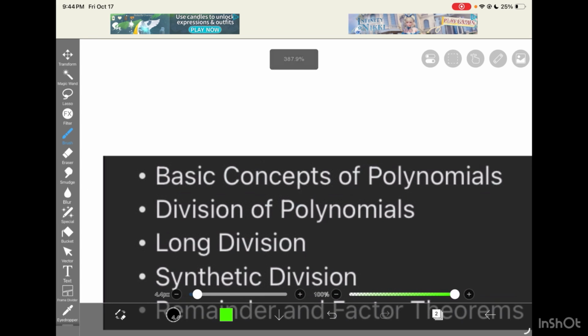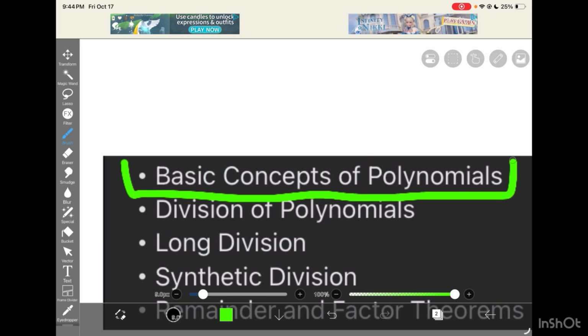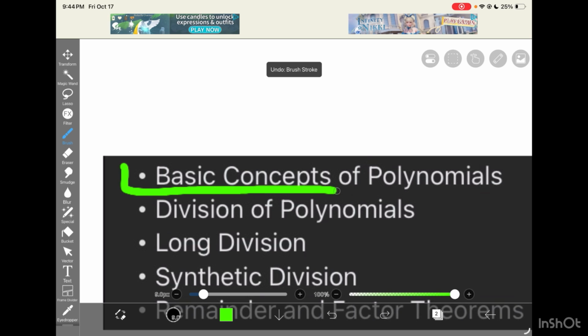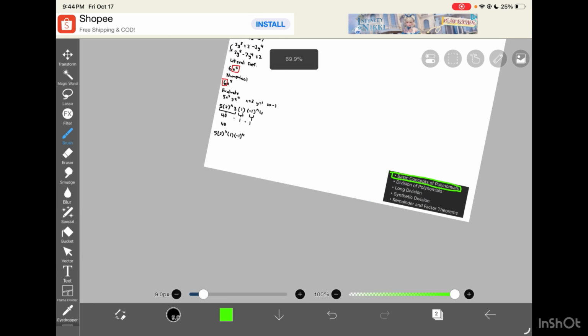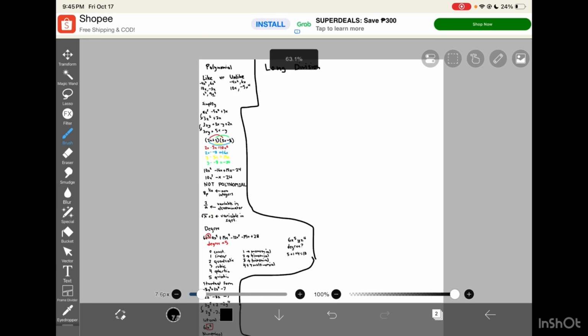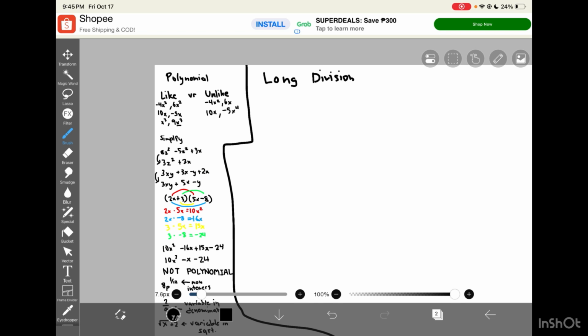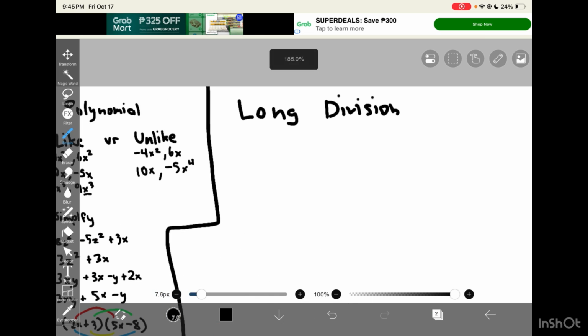That provides everything. So next I'm going to start with the division of polynomials. This is not really that complicated actually. Long division can be explained with 2-3 examples. Same with synthetic division. So I don't know why I'm rushing. I'll take it slowly. I still have an hour and 15 minutes.